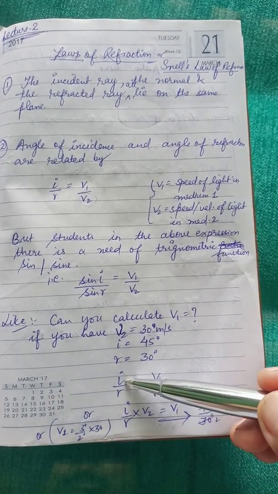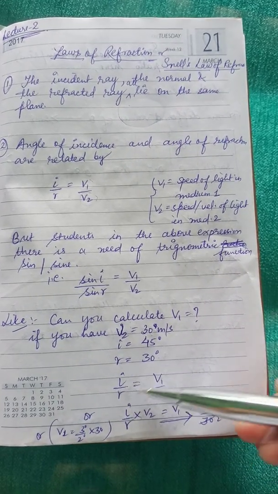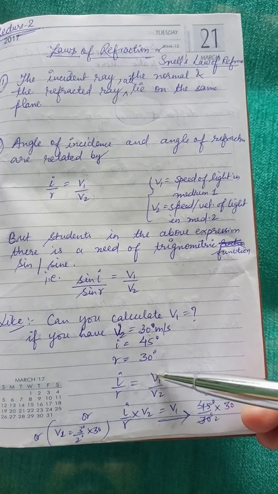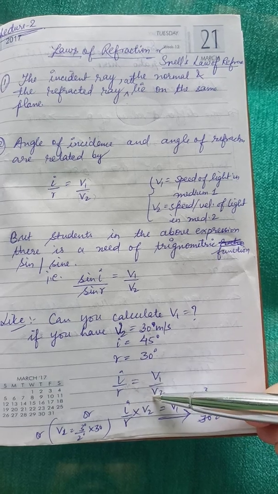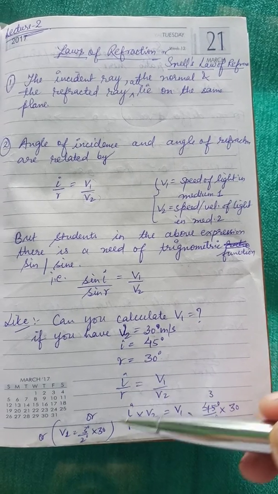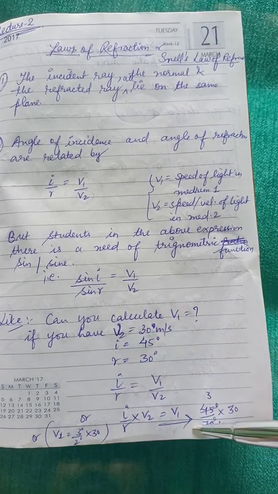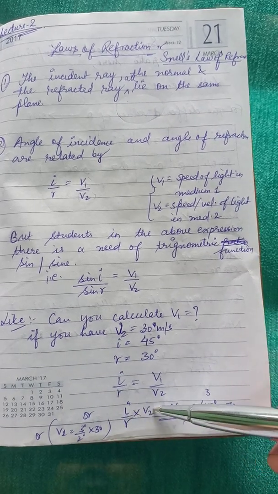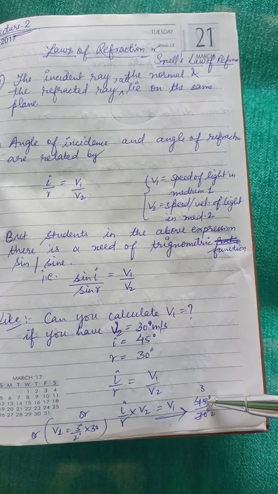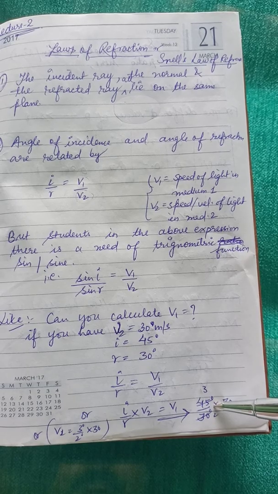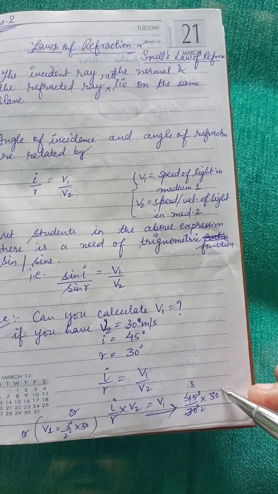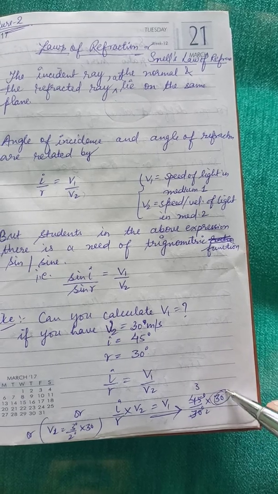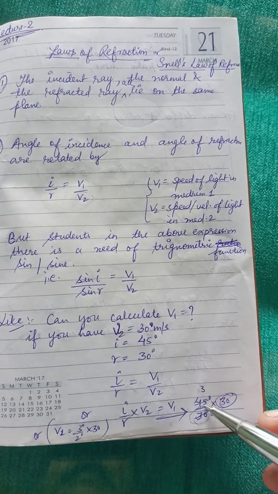You will put the values in this formula, i upon r is equal to v1 upon v2. Here you have to calculate v1, so you will take v2 on transposing it here, it will multiply with i/r. Placing the values you will get i upon r into v2 is equal to v1, that is 45 degree upon 30 degree into 30 meter per second. You can't cut this 30 with 30 because this is 30 meter per second and this 30 is in degrees, this is an angle.